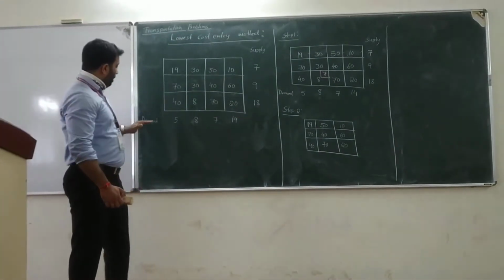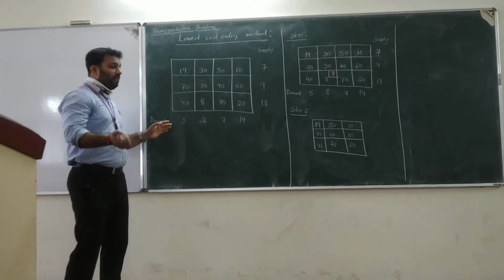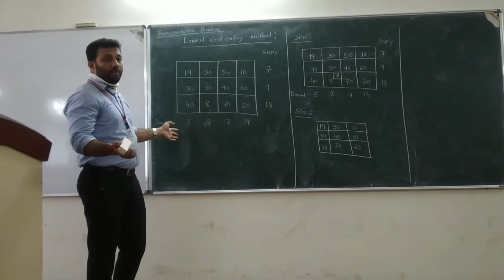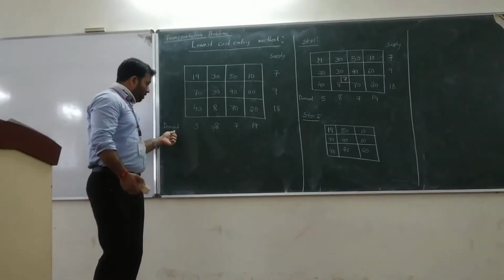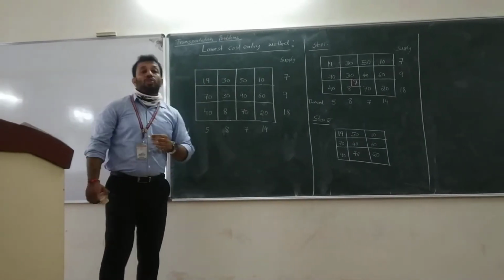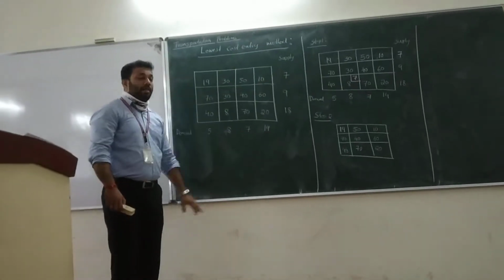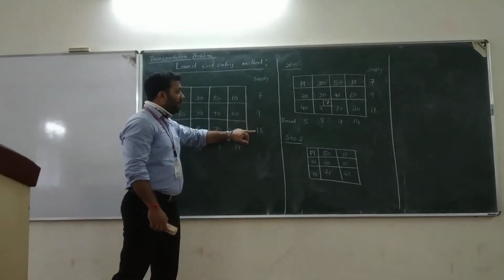So here I have written the same problem which we have solved earlier in the row minimum method, and I am using the same problem to explain the lowest cost entry method. The demands are 5, 8, 7 and 14, and the supplies are 7, 9 and 18.